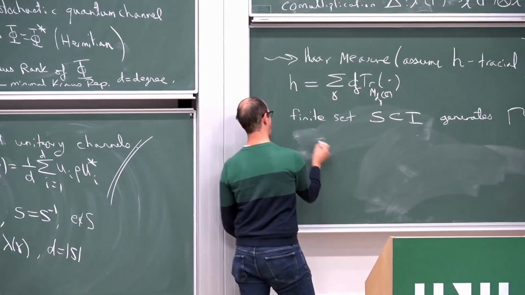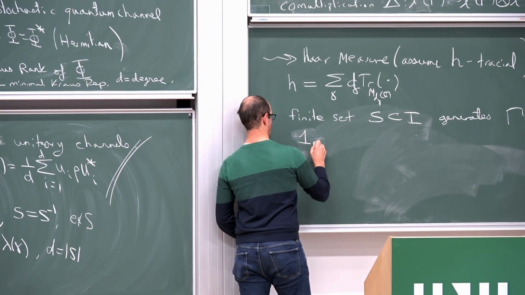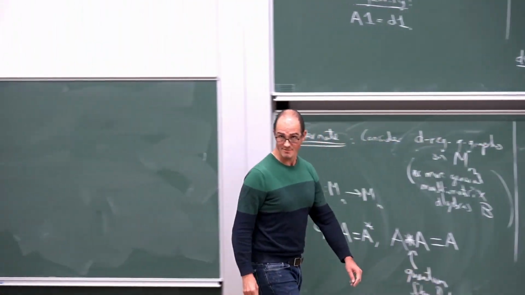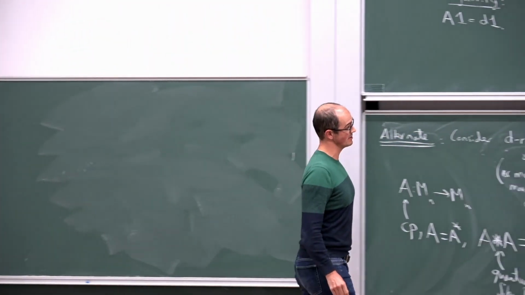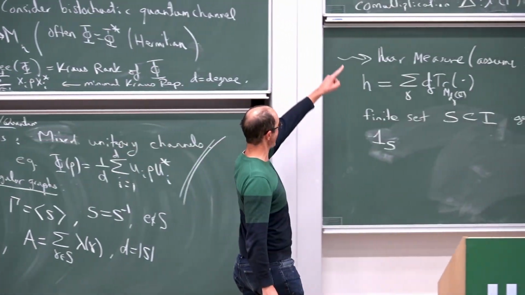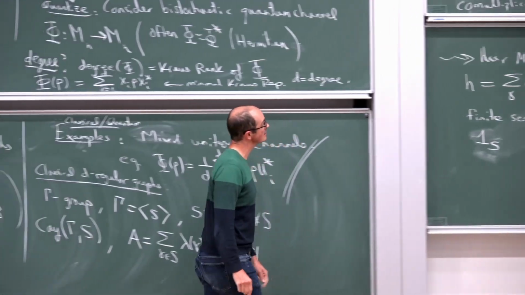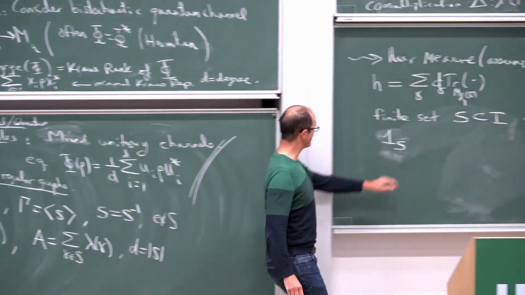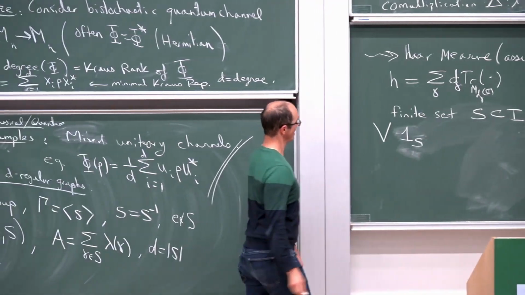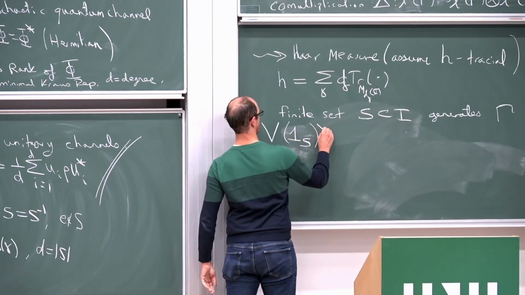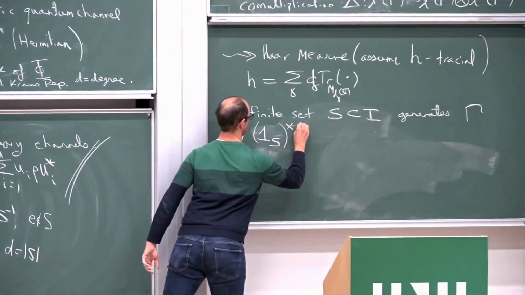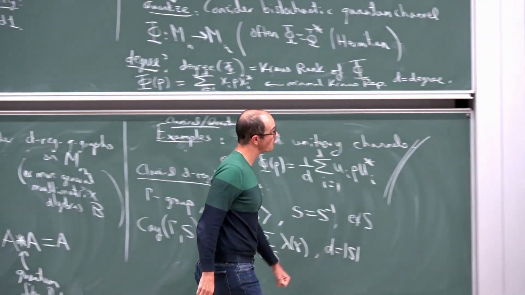what we do is we look at the central projection supported on the index set S. So this is the direct sum of identity matrices over the blocks gamma in S. Okay, this is a central projection, and as we saw yesterday, I can take convolution powers of this projection.